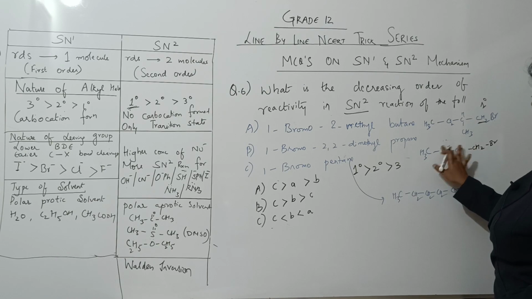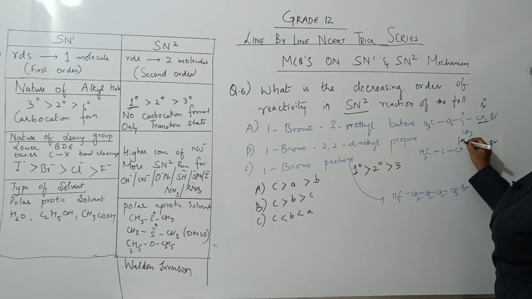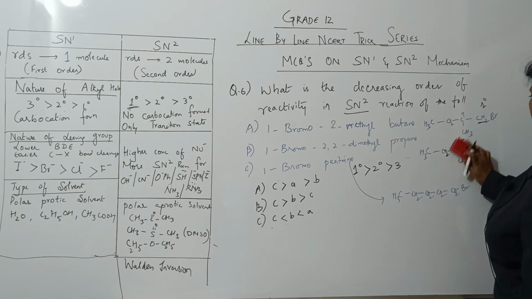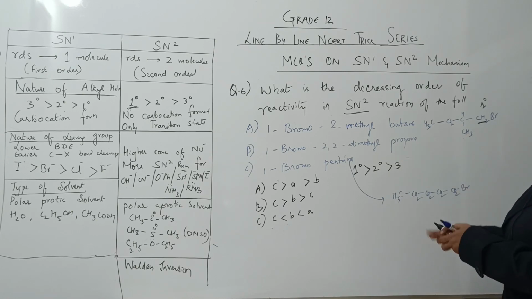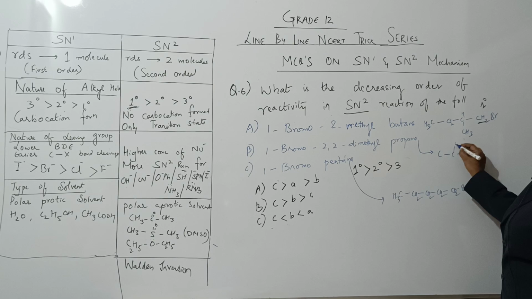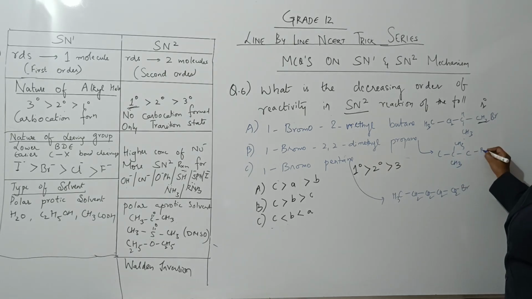CH3, this is CH3. Then CH2, CH2. Second case, 1 bromo 2,2 dimethyl propane. I wrote it wrong, sorry students. I'll erase it and redo it. 1 bromo, dimethyl propane. 1, 2, 3. CH3, CH3. 1 bromo.